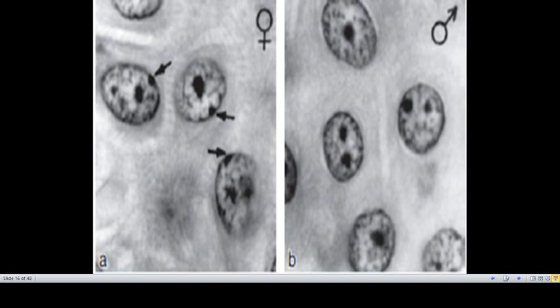This figure shows cells of the spinous layer of epidermis. The left panel of the figure shows cells of a female, and Bohr bodies are shown pointed by the arrow. The right panel shows cells of a male, and you can easily make out that there is no condensation of X chromosome near nuclear membrane, and hence no Bohr bodies are present.